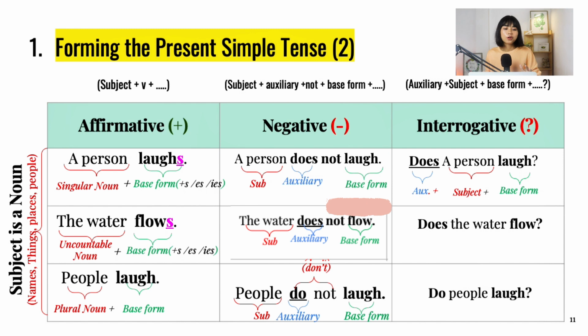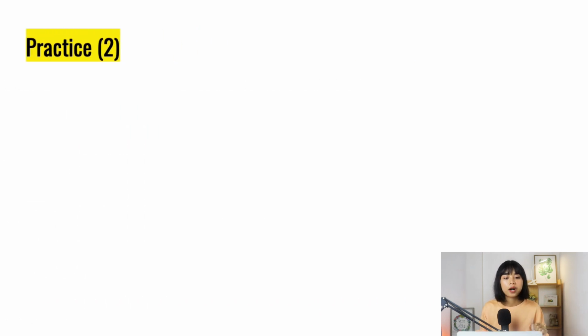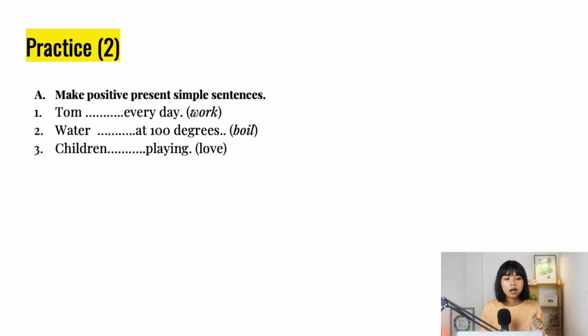Okay, so before we end the first section, let's do another exercise quickly. In this exercise, let's try to write the correct verb forms in the following sentences. Just like the previous section, first you need to determine the subject of the sentence.